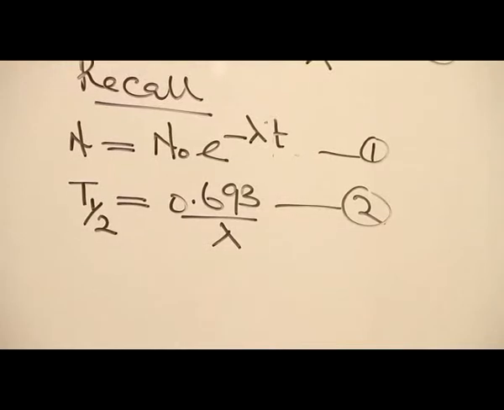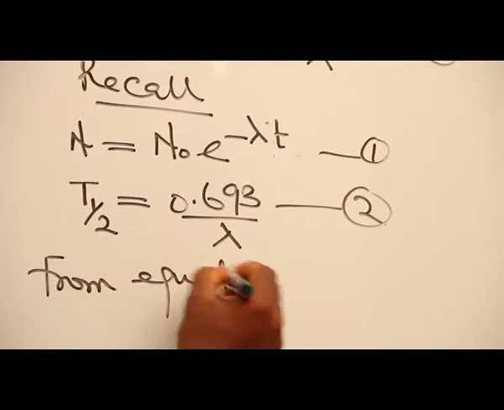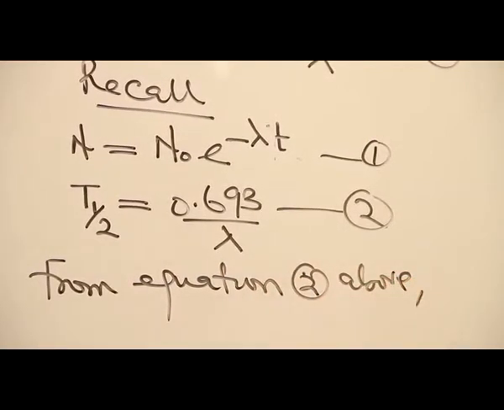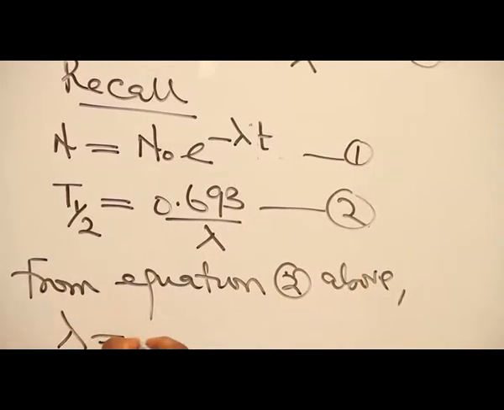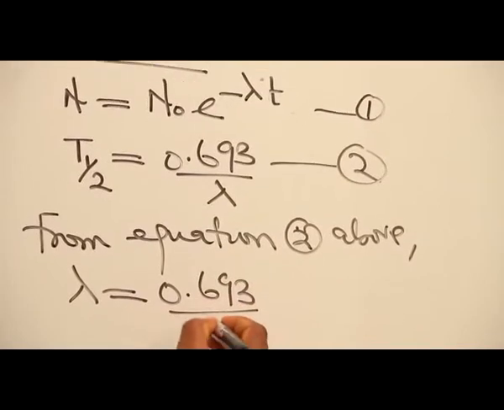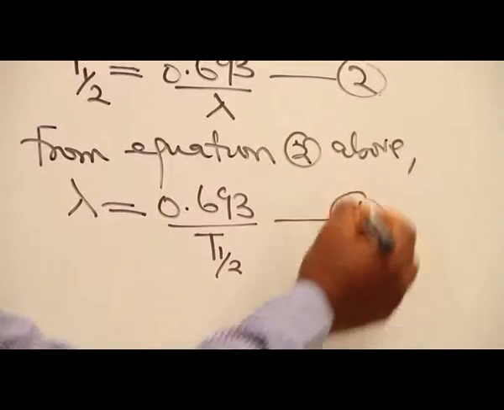Now, from equation 2 above, we have decay constant equal to 0.693 divided by the half-life. I'll call this equation 2b.